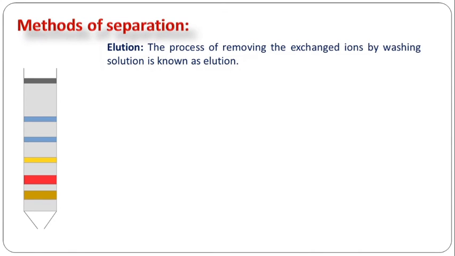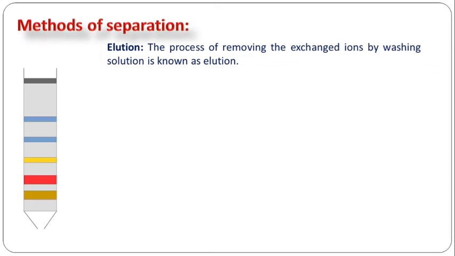Now we'll see some terms associated with ion exchange chromatography. First one is elution. The process of removing the exchanged ions by washing with the solution is called elution. It's the process of removing exchanged ions by using the eluent solution.